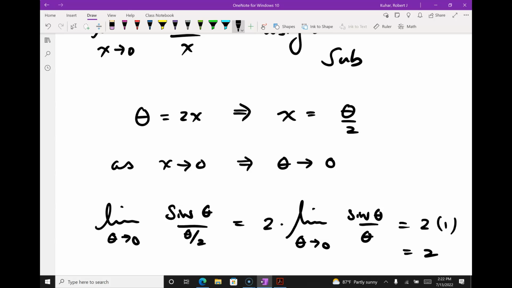Yep. 2 different ways, because on your test or on your quiz, I'll say solve this using a trig identity or just solve it. And if I say solve it, do it any way you want.